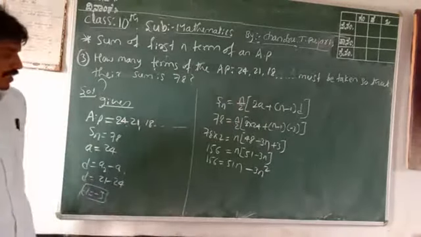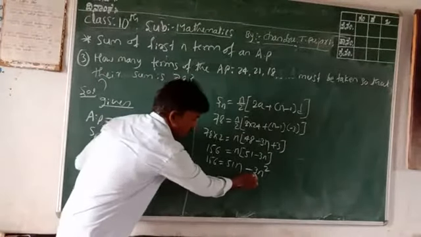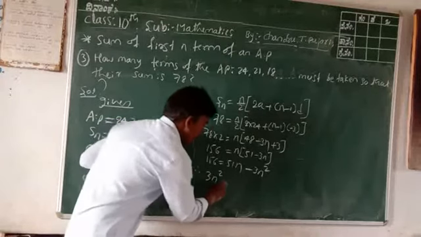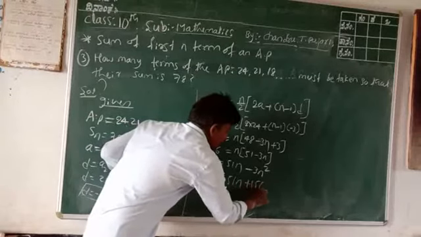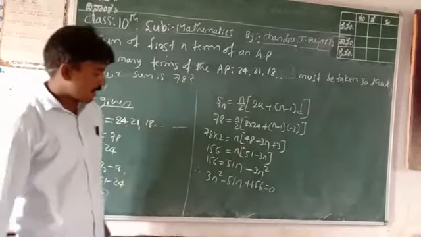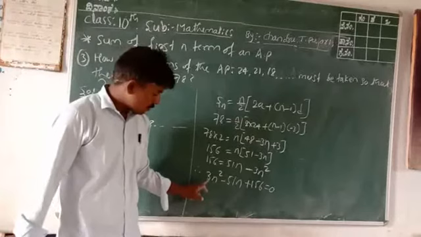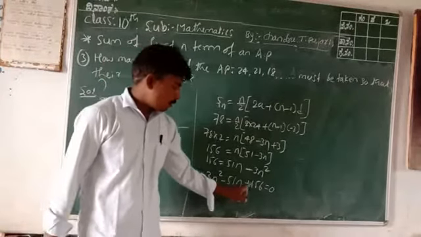Next, you can take these two terms to this side. Therefore, 3n square minus 51n plus 156 is equal to 0. This is our quadratic equation. Next, you can simplify the coefficients 3, 51, 156.